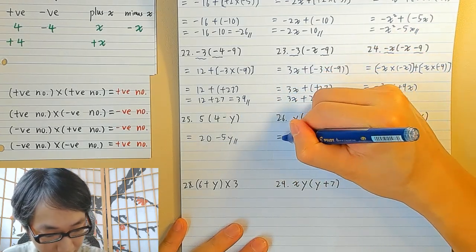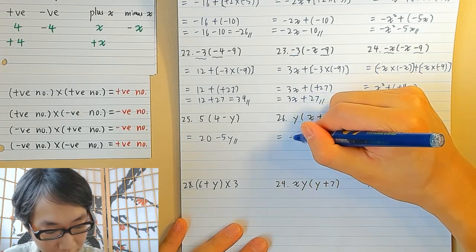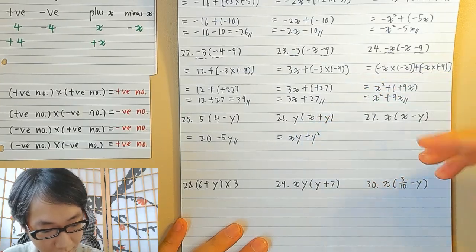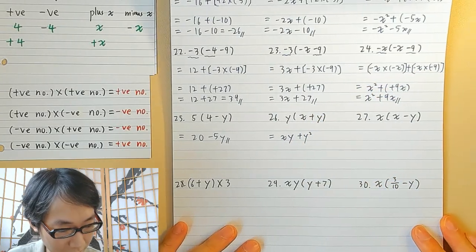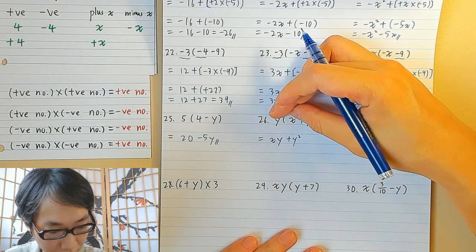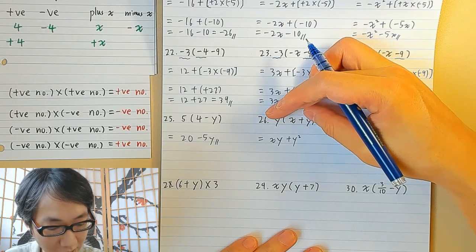26. This is yx or xy plus y squared. So the first term is plus y times plus x. Second term is plus y times plus y.